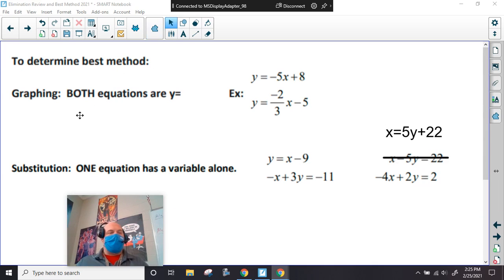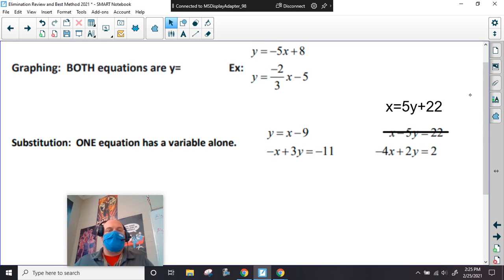If we're going over graphing, we're going to use graphing if both equations are y equals something. And it's substitution if one equation has a variable alone.